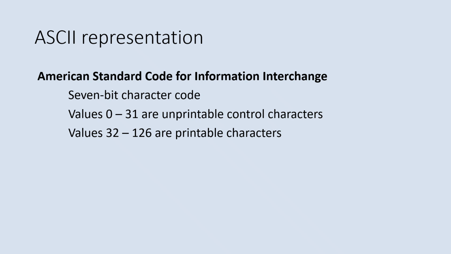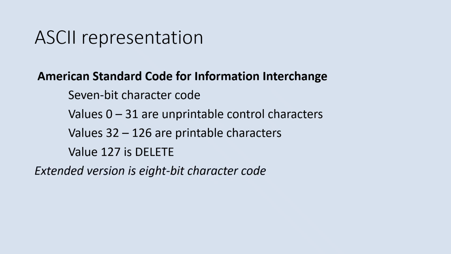The values numbered 32 to 126 are a bunch of different printable characters, and then 127 is delete. So the list of characters that we care about are the ones 32 to 126. There are 95 of those printable characters that we are going to focus on.